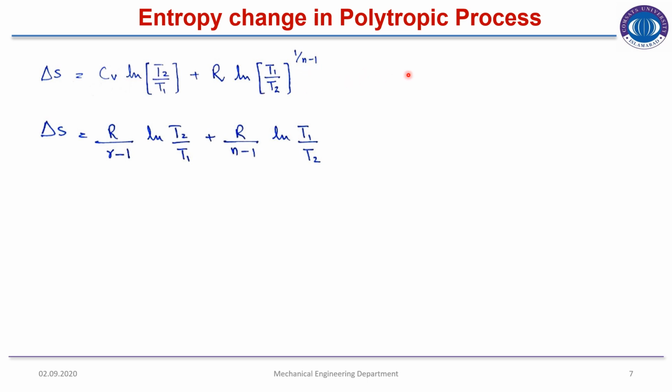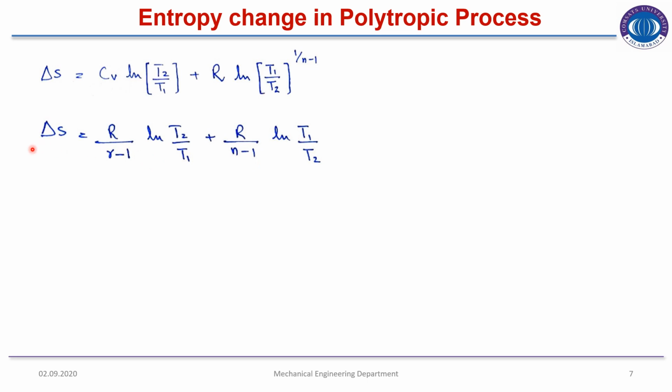For example, for natural log of x^n, the n that was previously in the power multiplies the log. Here the power is 1 over n minus 1, so it has multiplied, giving R over n minus 1.